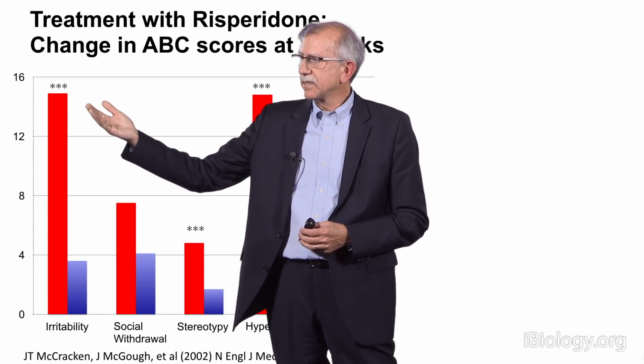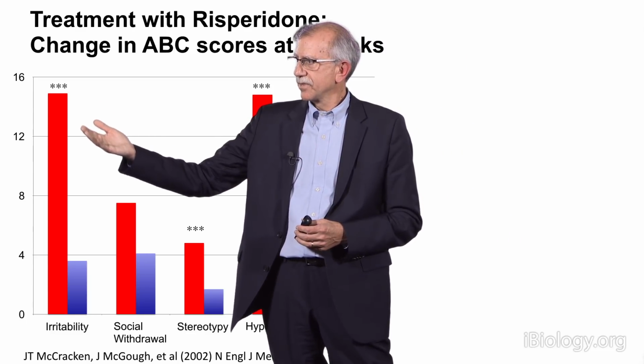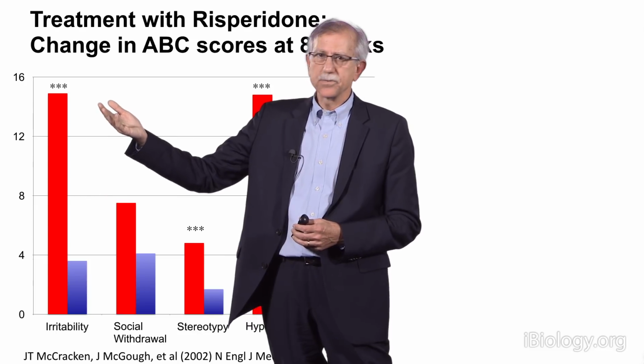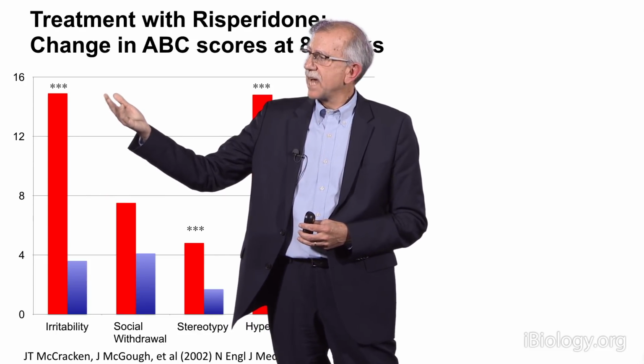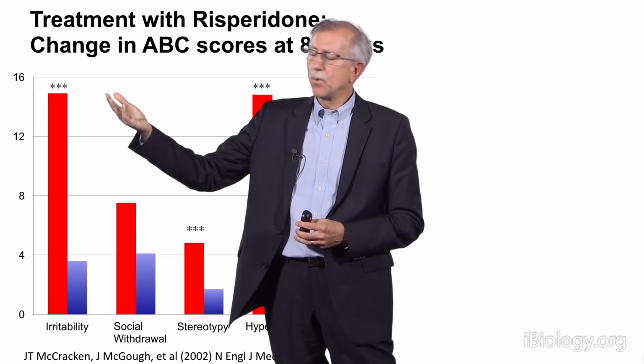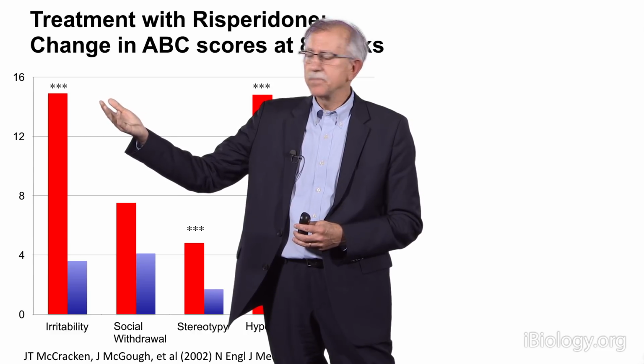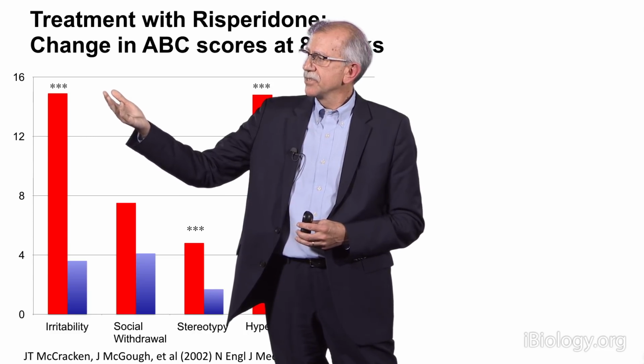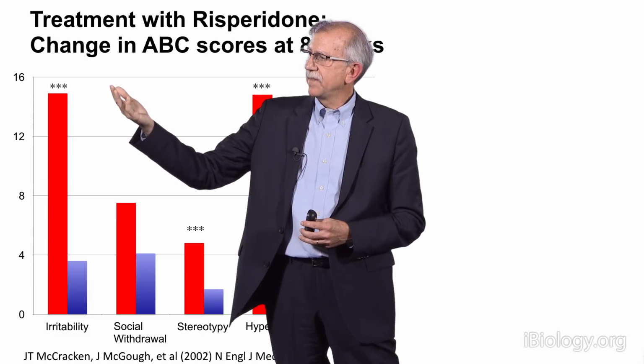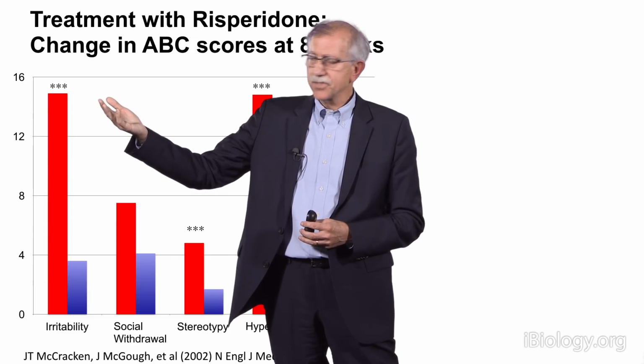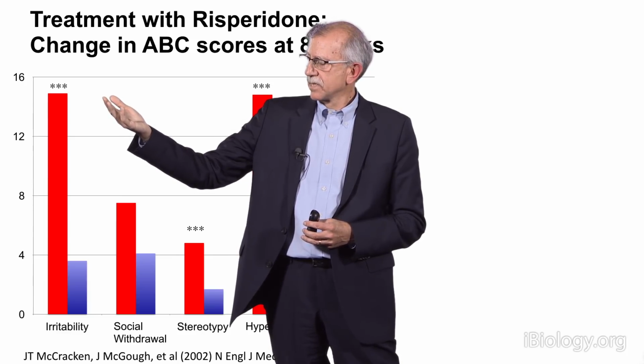And you can see that the improvement in red, so the size of the bar correlates with the size of the drop in score of the irritability subscale that I showed you earlier. So significant change in the irritability subscale associated with receipt of risperidone.